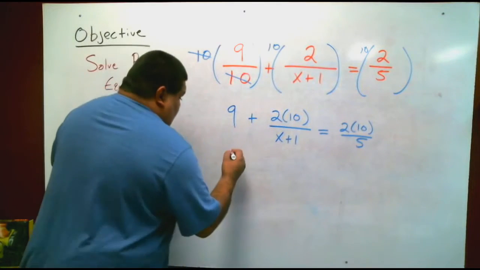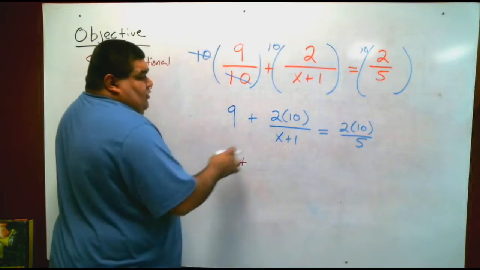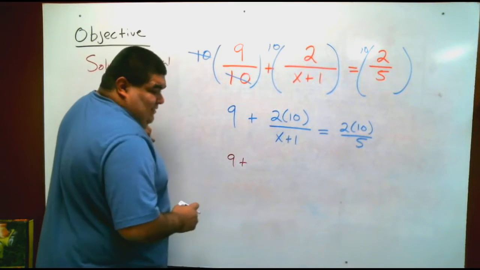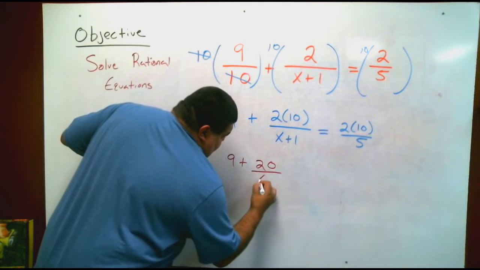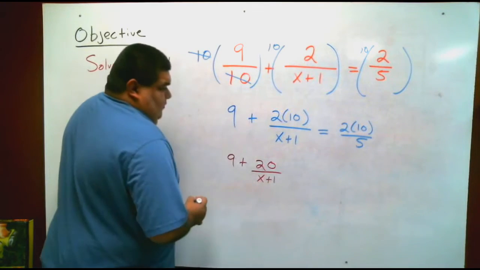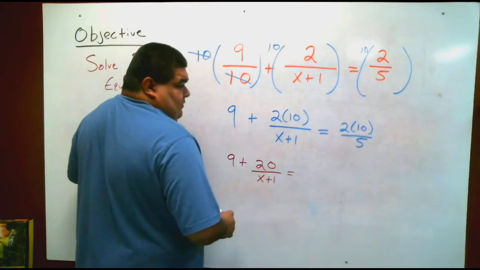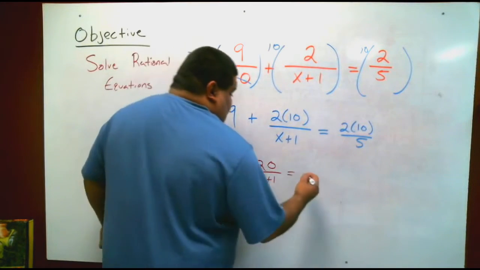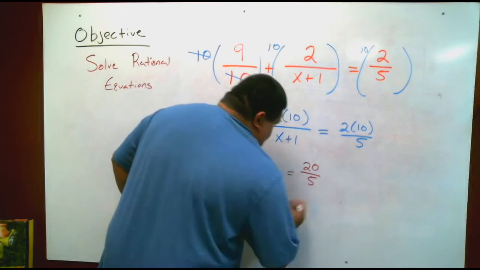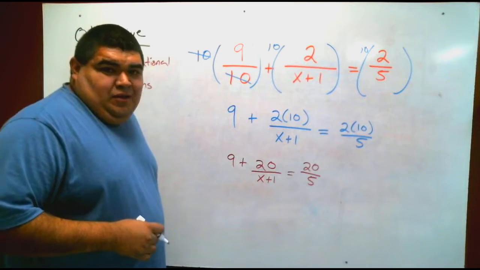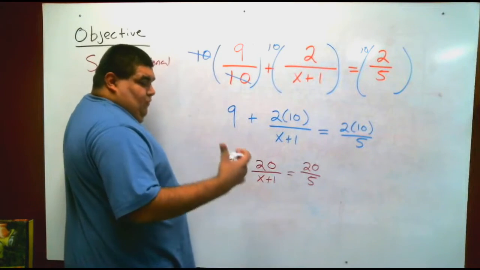So we have 9 plus 2 times 10 is 20 over x plus 1 equals 2 times 10 is 20 again over 5, which technically 5 can go into 20 4 times.